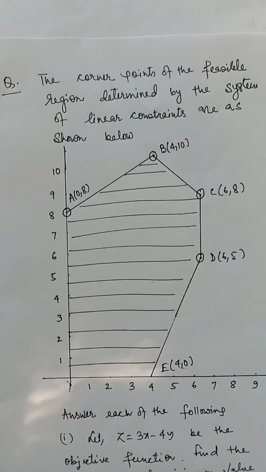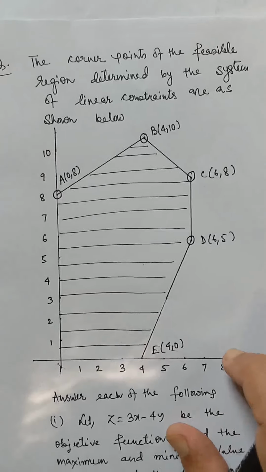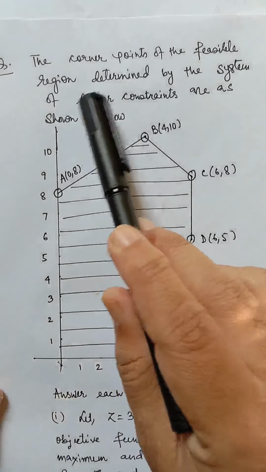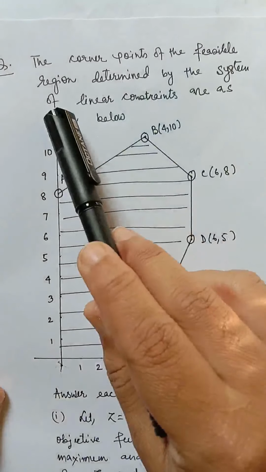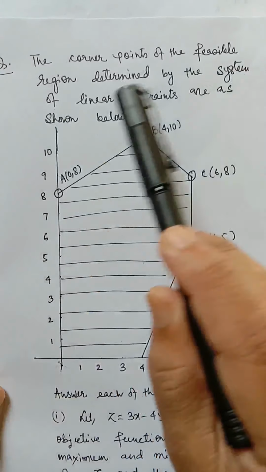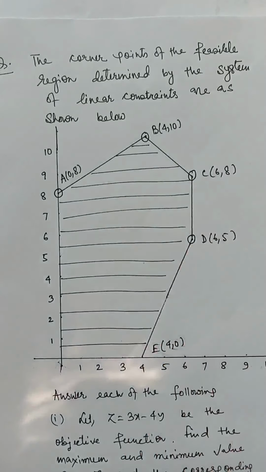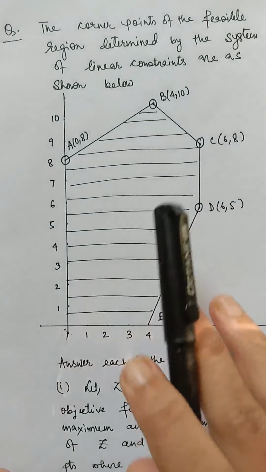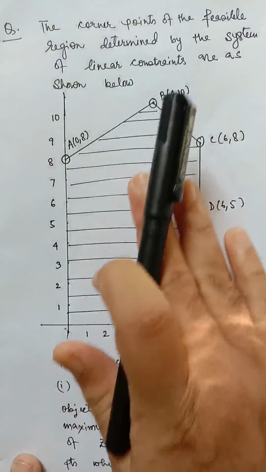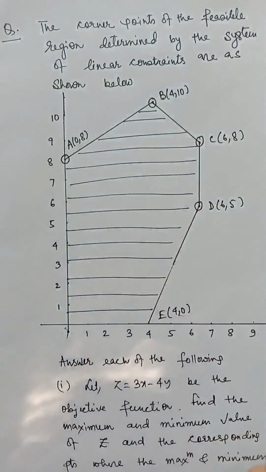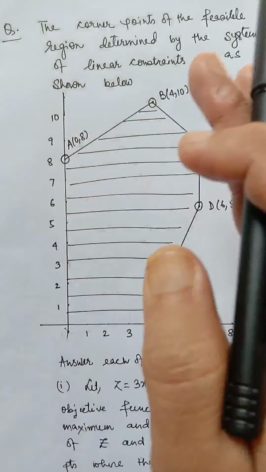Next question I have also taken from CBSE sample paper 2020. Now what is given? The corner points of the feasible region determined by the system of linear constraints are as shown below. This is the feasible region determined by some constraints.